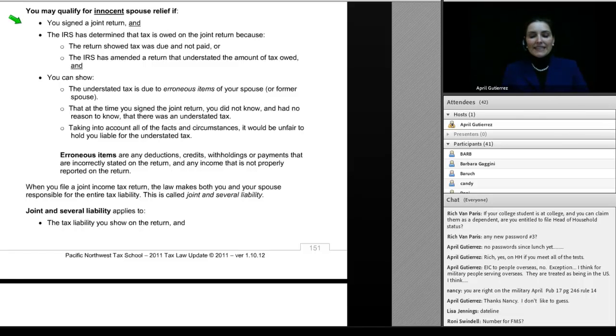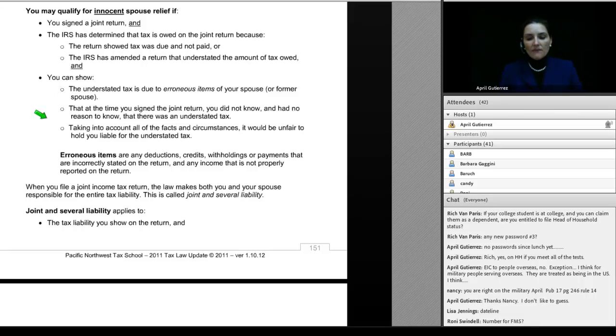You may qualify for innocent spouse relief if you signed a joint return sometime in the past, and the IRS has determined that tax is owed on that joint return because the return showed tax was due and it wasn't paid, or the IRS has amended a return that understated the amount of tax, and you can show that the understated tax is due to erroneous items of your spouse or former spouse, that at the time you signed that joint return, you did not know and had no reason to know that there was understated tax.